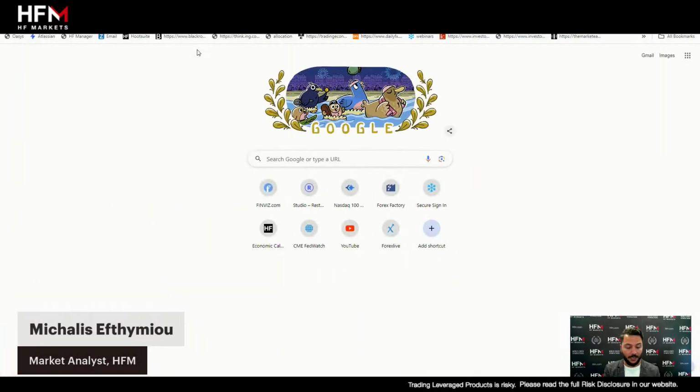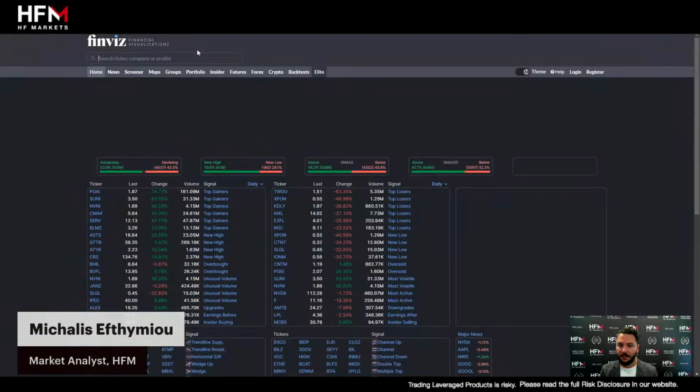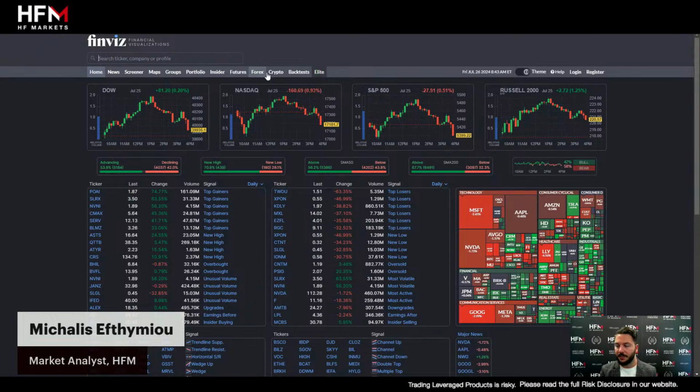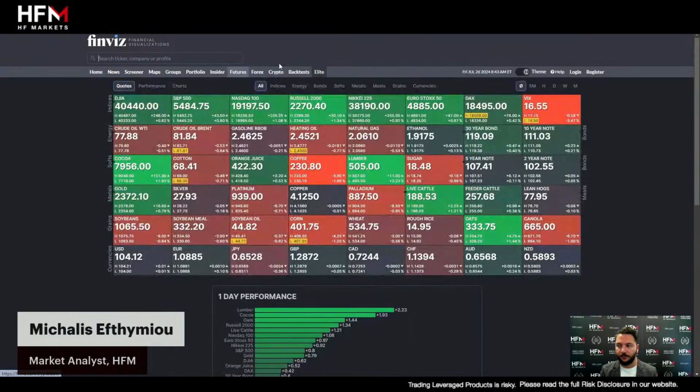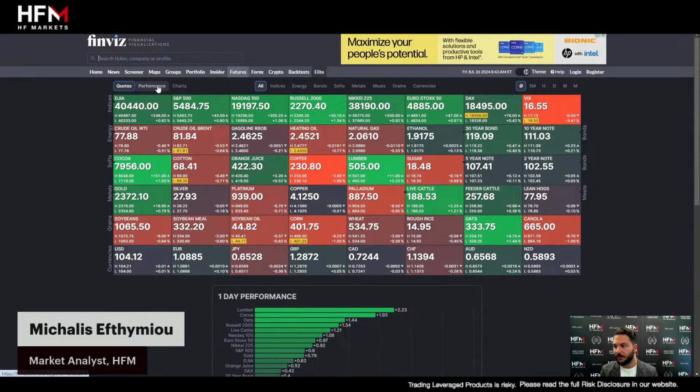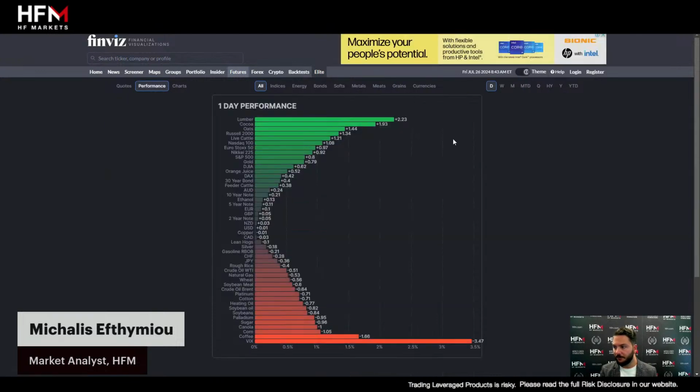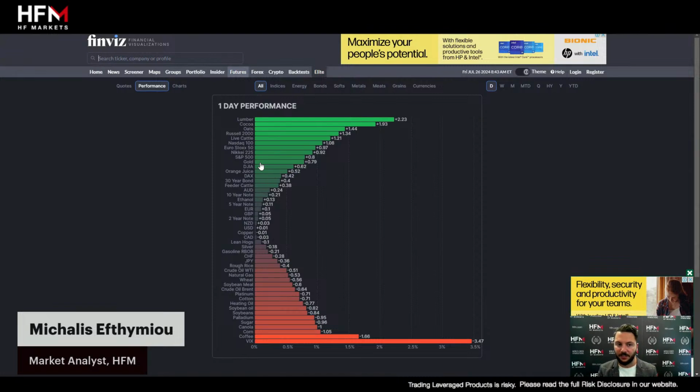We also need to look at other things as well, ladies and gentlemen. Here, for example, we can look at the global performance of the stock market. So if we go to performance of the day, there's a couple of things I want to look at. Number one, ladies and gentlemen, gold is very high. So I don't know really there potentially if we're looking at a lower risk sentiment, that will be negative for the stock market.